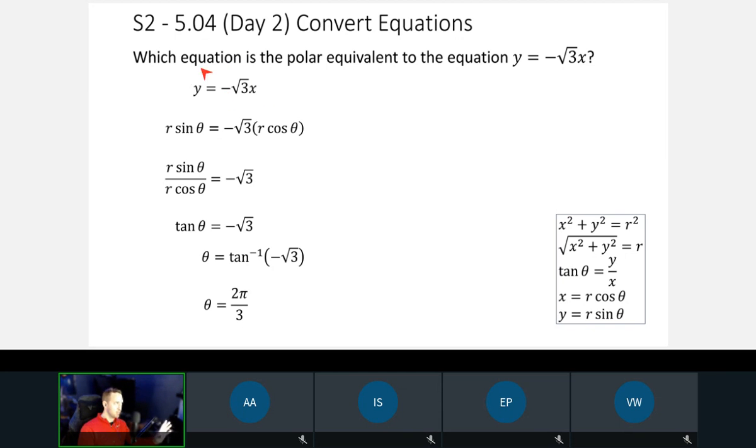So we should expect our polar equation to also be a line in the form of theta equals some number. If you thought about rectangular and polar and how they work, r equals something creates a circle, right? Theta equals some number creates a line. So knowing this is a line, we should know that we should get to something like this.